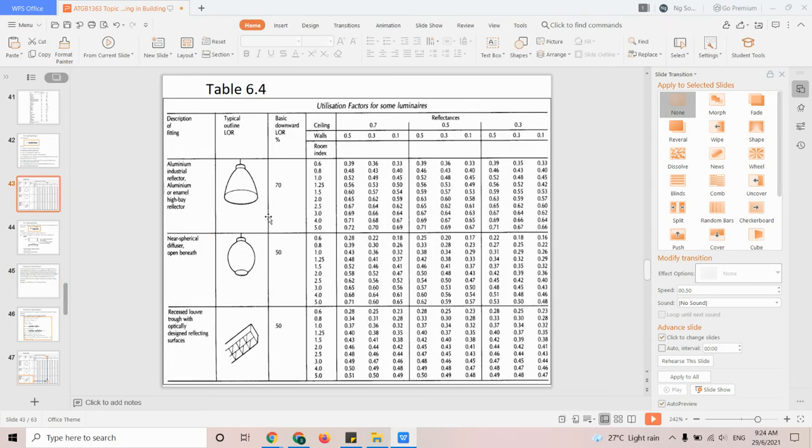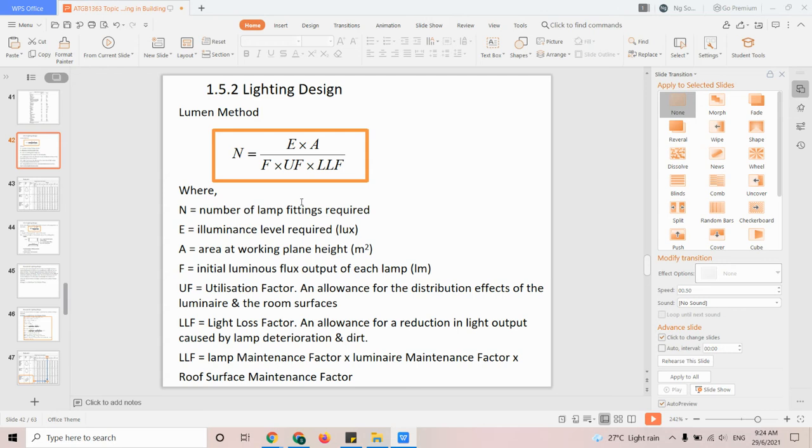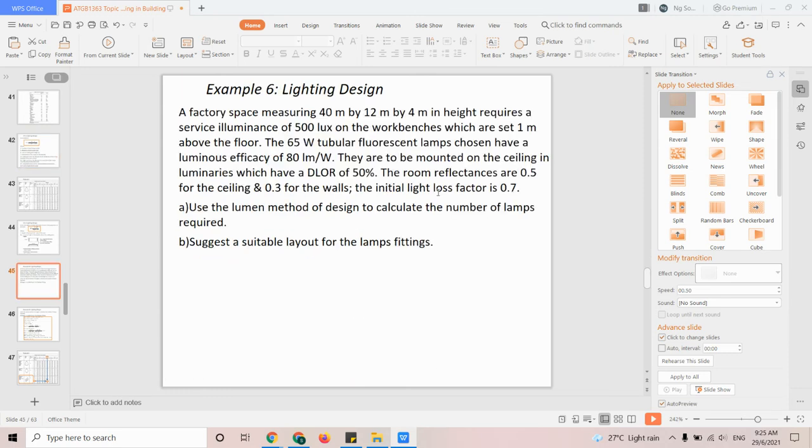So the room index is where you'll be able to get your utilization factor. It's where you need to input all the information given in this table 6.4 to work out your UF, utilization factor, which you need to use here in your lumen method formula. For your light loss factor, this value is just straight away given to you.